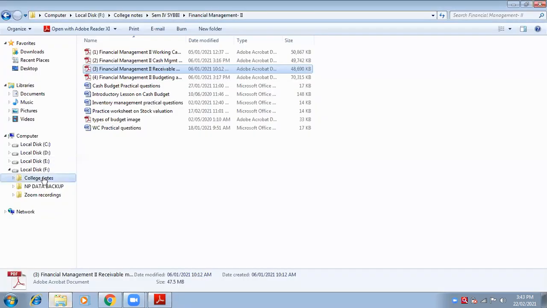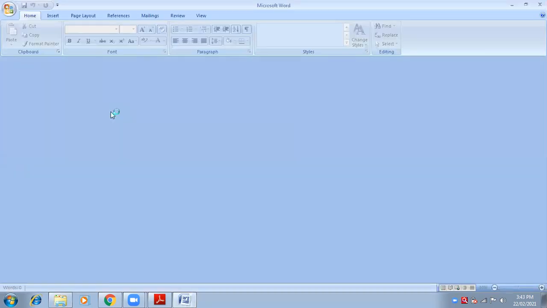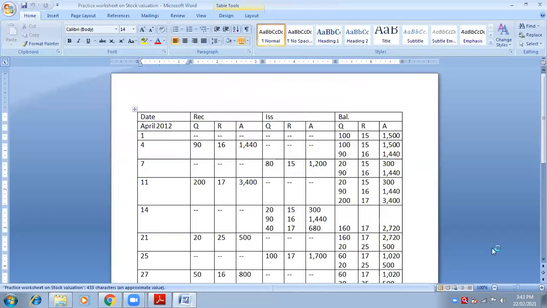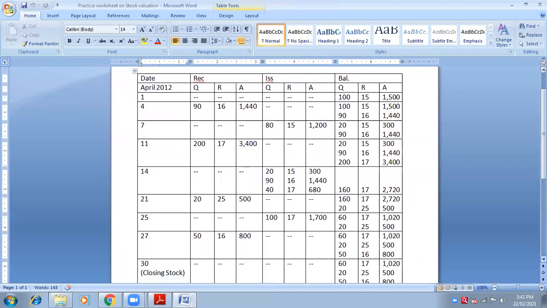If you want, I can show it to you here. Can you see on the screen? Yes, ma'am. Clearly visible? Yes, ma'am. Yeah, so we have 4 columns: date, receipt, issue, balance.